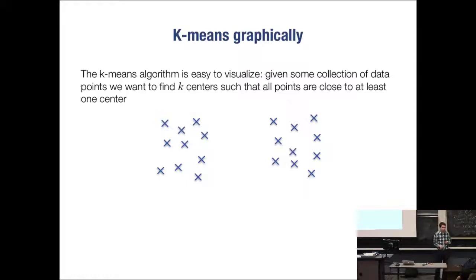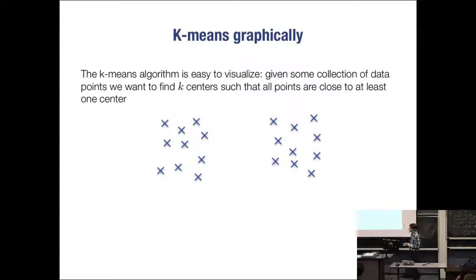And in some sense, if we can find that, then we've been able to summarize our data. Take a lot of data and compress it and say, you know what, these k centers, everything's close to them, so they are a good representation of our data as a whole.